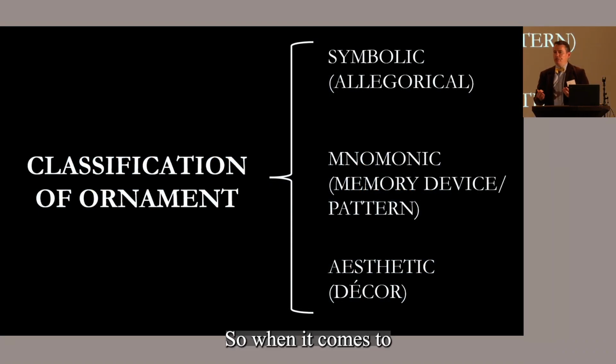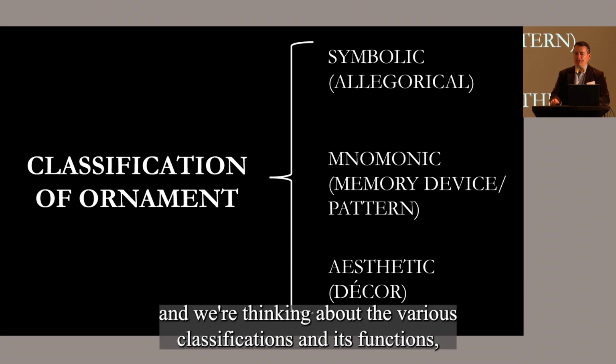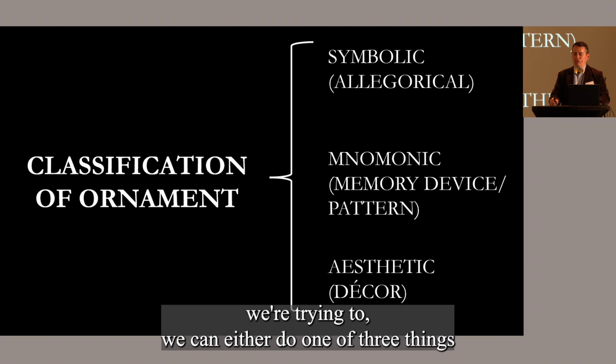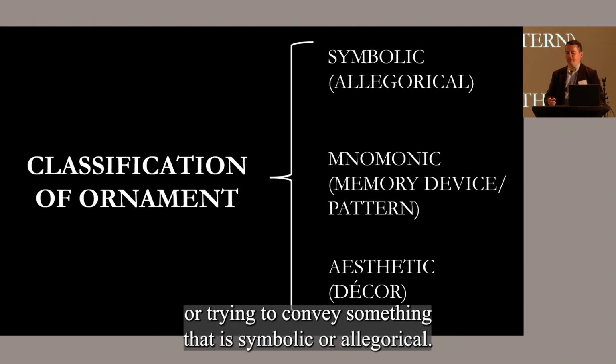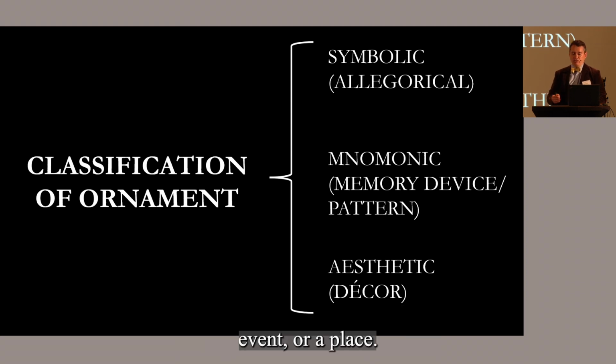So when it comes to when we can use ornament, and we're thinking about the various classifications and its functions, we can do one of three things. We're trying to convey something that is symbolic or allegorical. We might be trying to celebrate a mythical historical person, event, or a place.